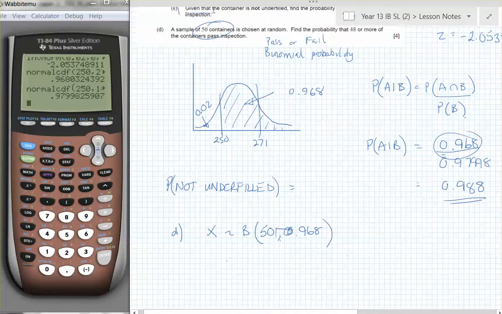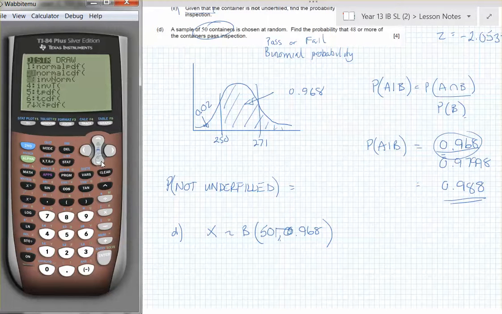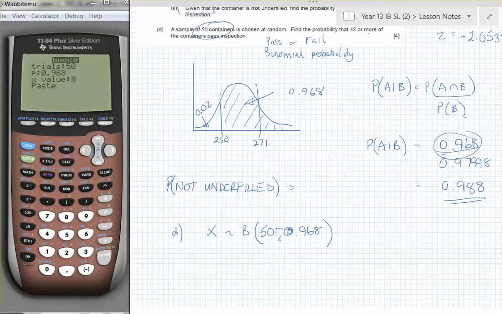If we were to work that out on our calculator, so second distribution, binomial CDF, 50 trials, probability that we want is 0.968. Now the X value, it says probability for 48 or more, right?